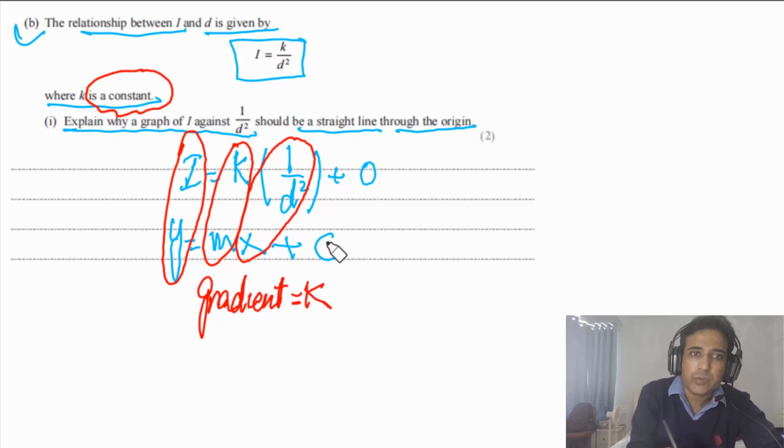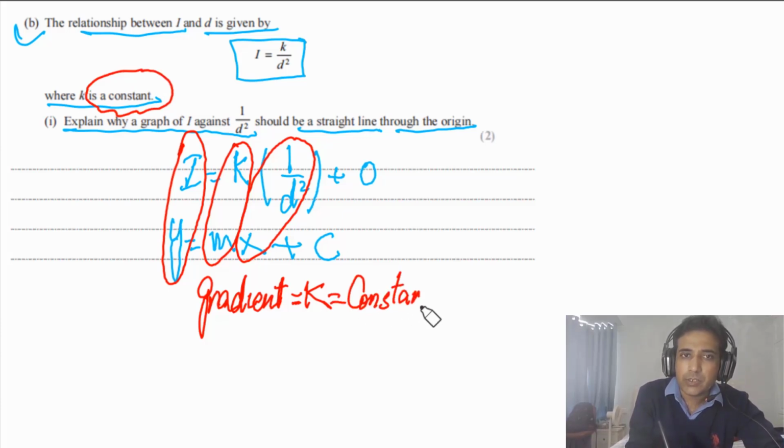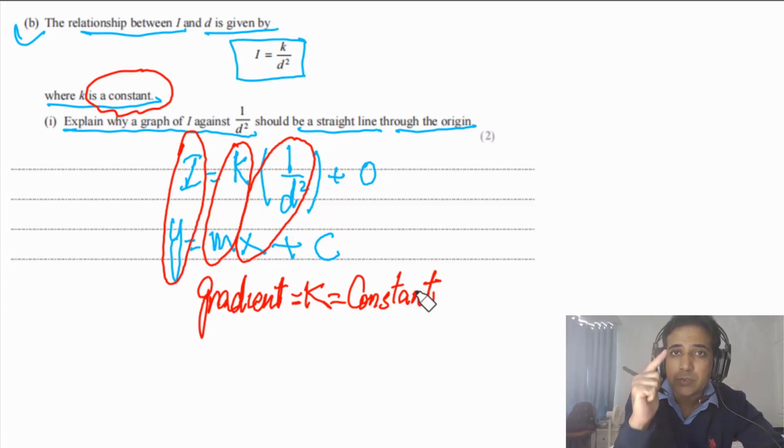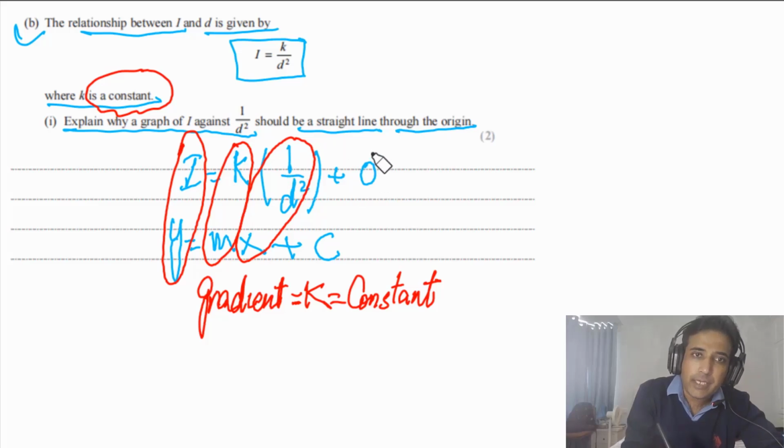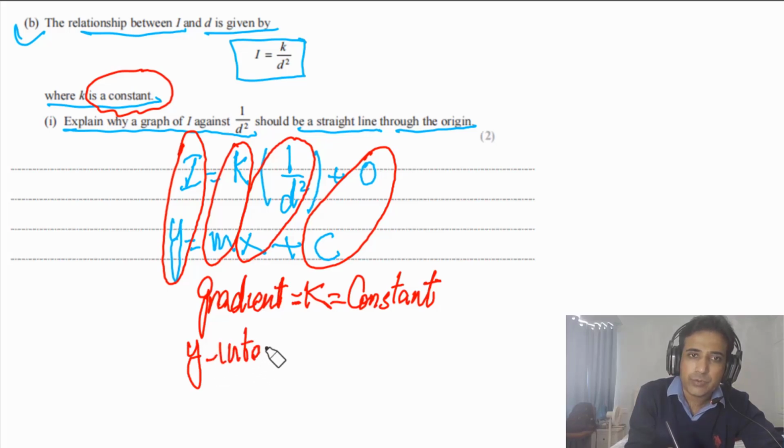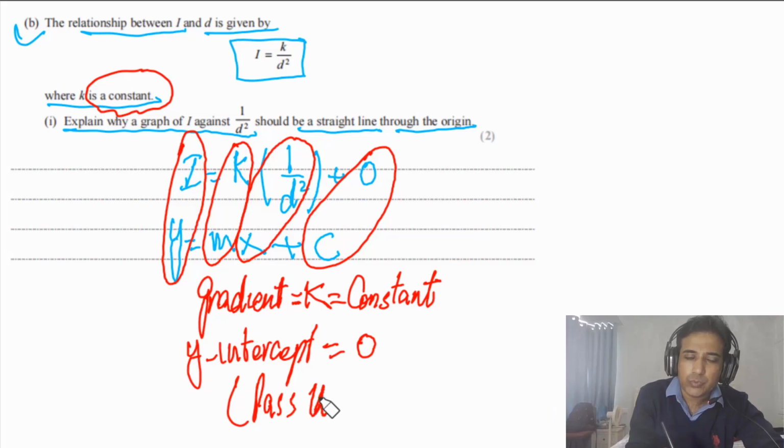It is given to us that k is a constant, so it has to be a straight line with constant gradient. And it has to pass through the origin because the y-intercept is equal to 0.